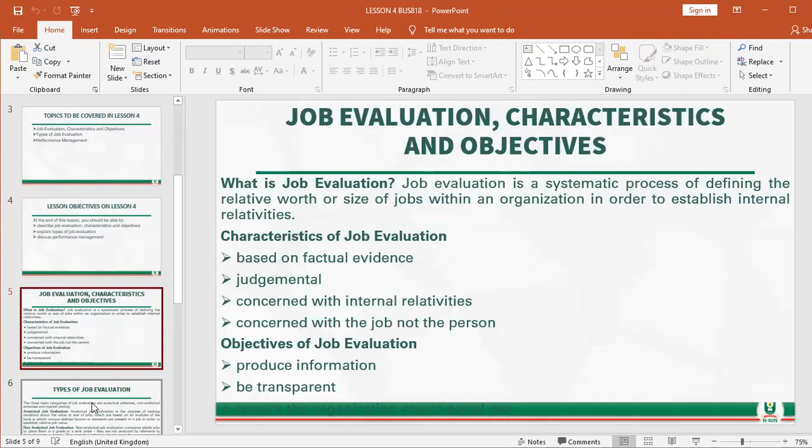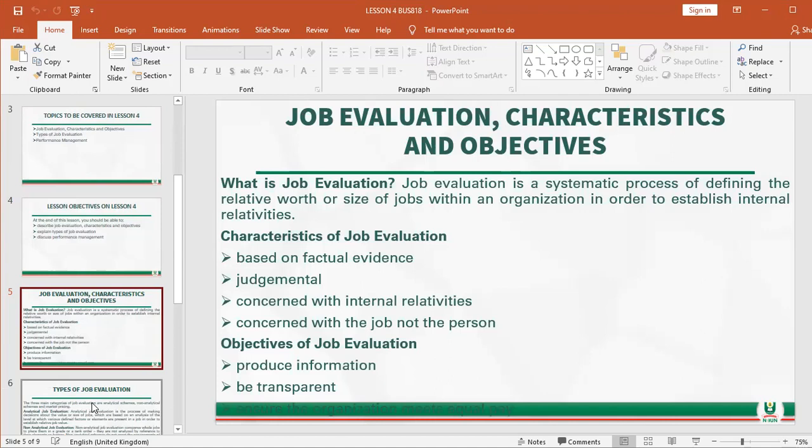So let's start with what job evaluation is all about. Who understands what job evaluation is? This is something that most of us are conversant with, but might not actually take as job evaluation.